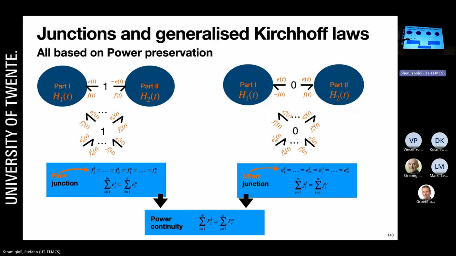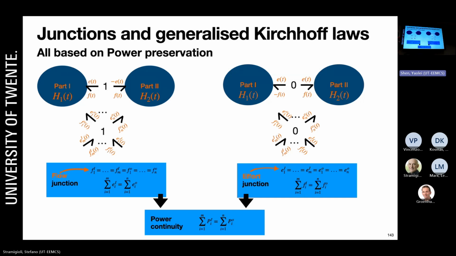So you see, there are bonds here that are directed toward the 1, like this one, and there are bonds which are directed outside the 1. Okay? So if I take these products, that's the power going toward the junction. If I take these products, the power going out of the junction. And what I'm saying here is that the sum of all the power going into the junction should be equal to the sum of the power going out of the junction. Think about this as water, you know.